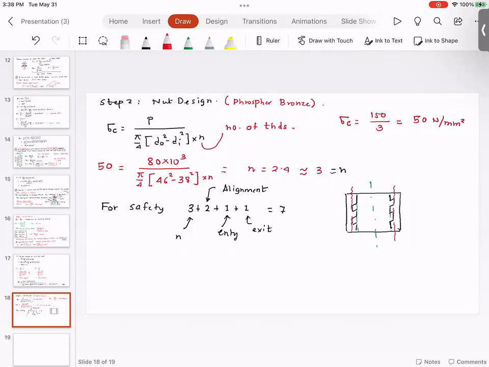The threads can shear over here. So what you need to do is check for shearing.